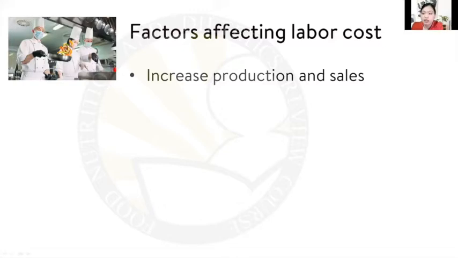So for example, if we have events or functions that would require increased production and sales, knowing the manpower requirement for that event, we will allow the manager to plan the schedule well. So that will make us more profitable.